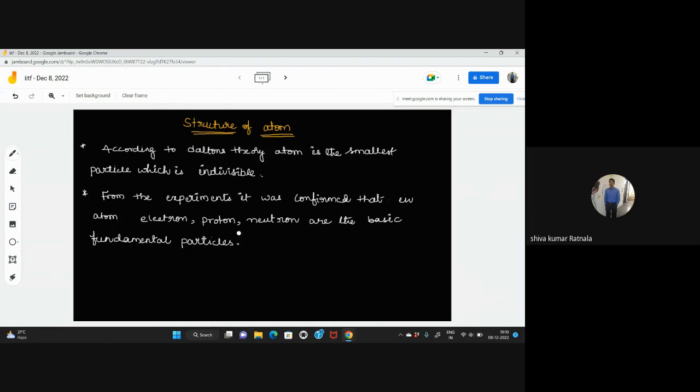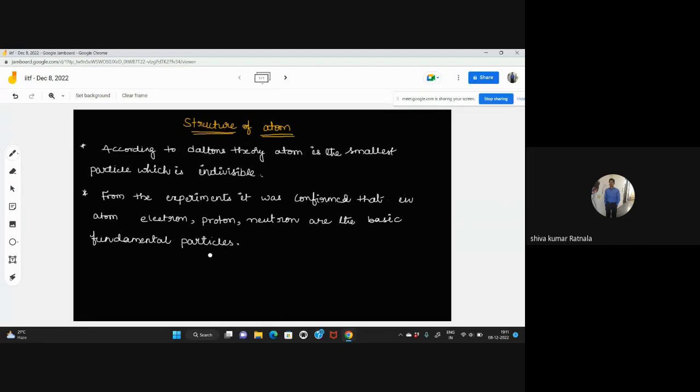These electron, proton, neutron were discovered in different experiments. We are going to focus on their mass number and atomic number, and who proposed this.